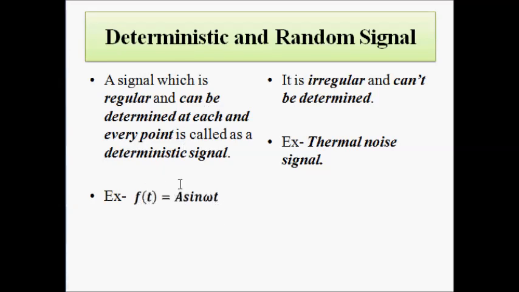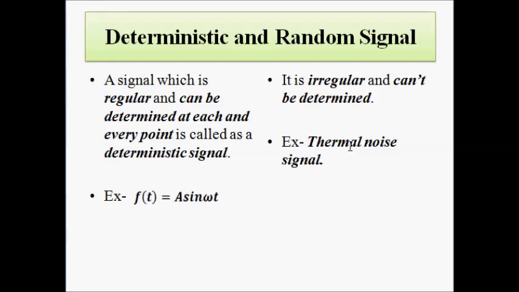Exponential signal, sine signal, cosine signal, whatever. But the random signals, for example the biomedical signals, the ECG and EEG signals, are random in nature, whereas the other signals such as sine, cosine and exponential are deterministic because they can be defined by a suitable expression, whereas the biomedical signals or the thermal noise signal do not obey any fixed expression.